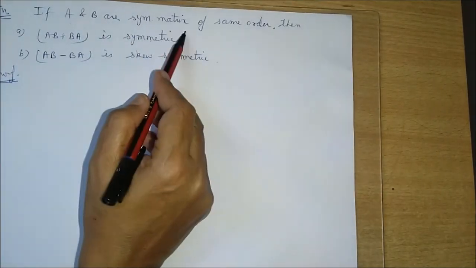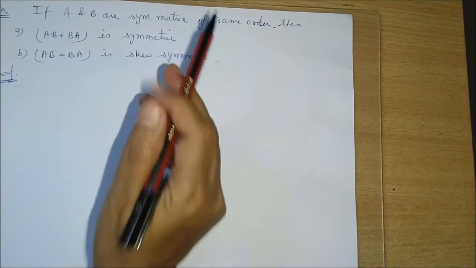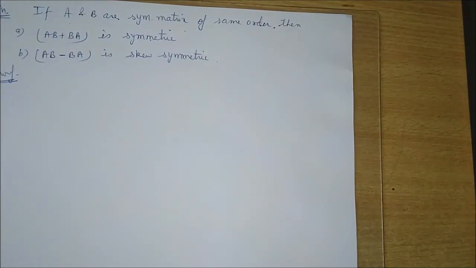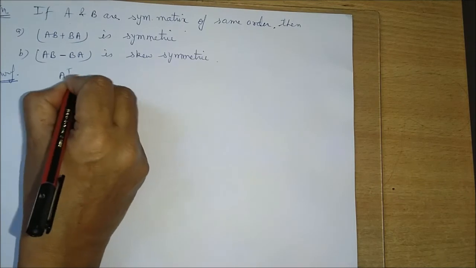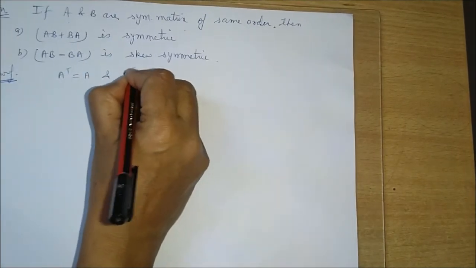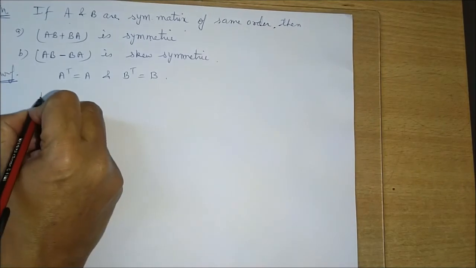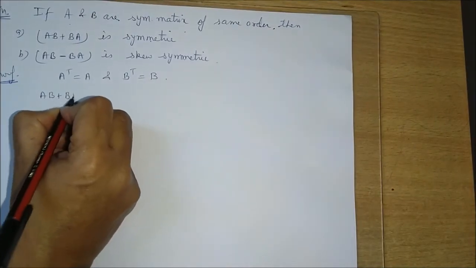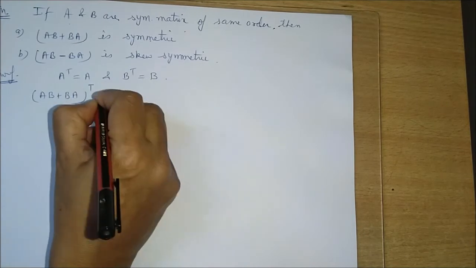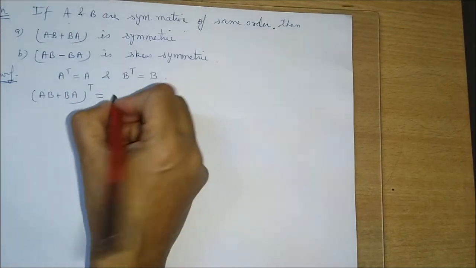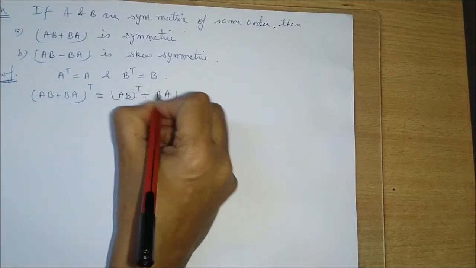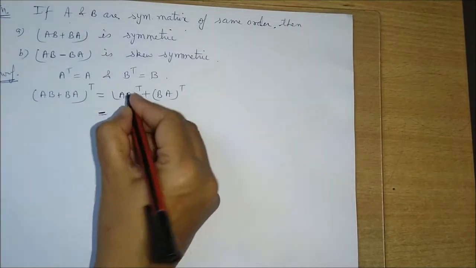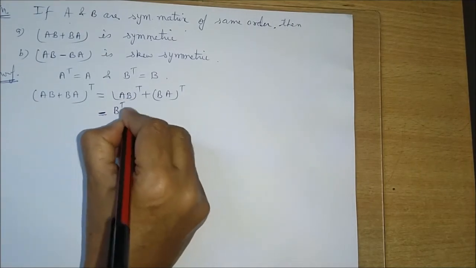Now A and B are symmetric matrices. We will start from the given statement only. If A and B are symmetric matrices, that means A transpose equals A and B transpose equals B. Now AB plus BA whole transpose. This can be written as AB transpose plus BA transpose, which is B transpose A transpose.